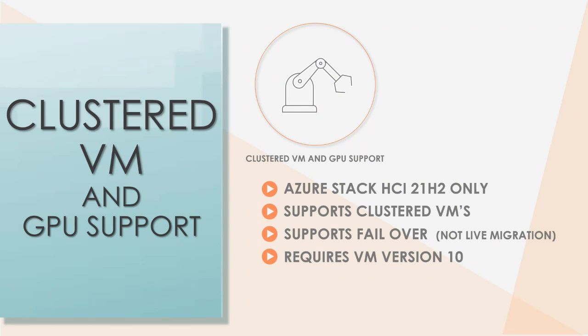The main point here, it was automatic. There was no intervention from me. Whereas in the past, that was not available. DDA and GPU support was single node only. There was no high availability. There was no failover. So this is the next step in supporting high availability with GPUs on Azure Stack HCI 21H2.